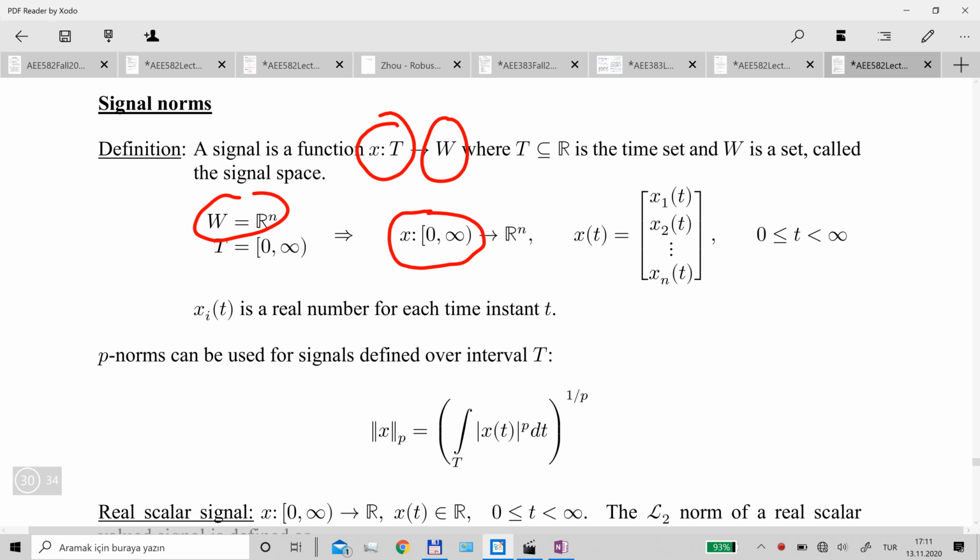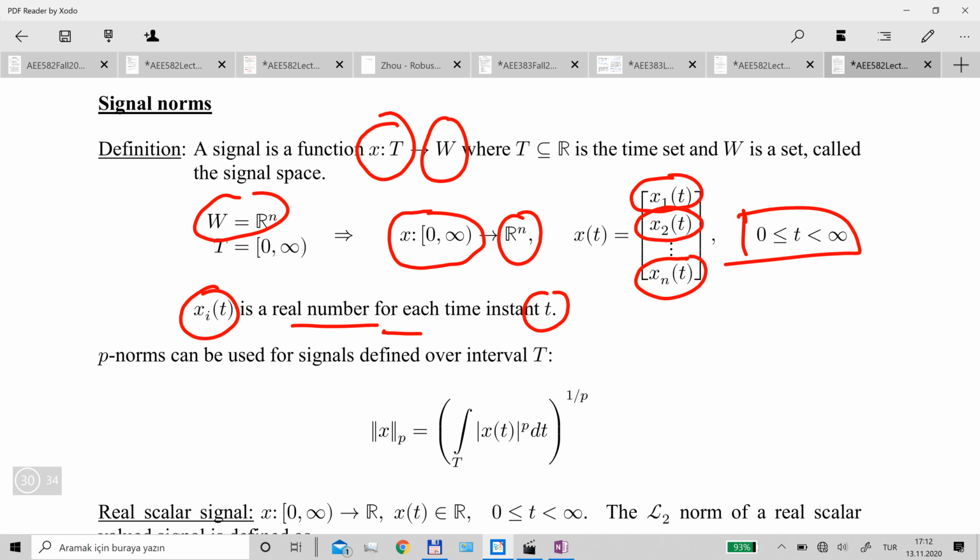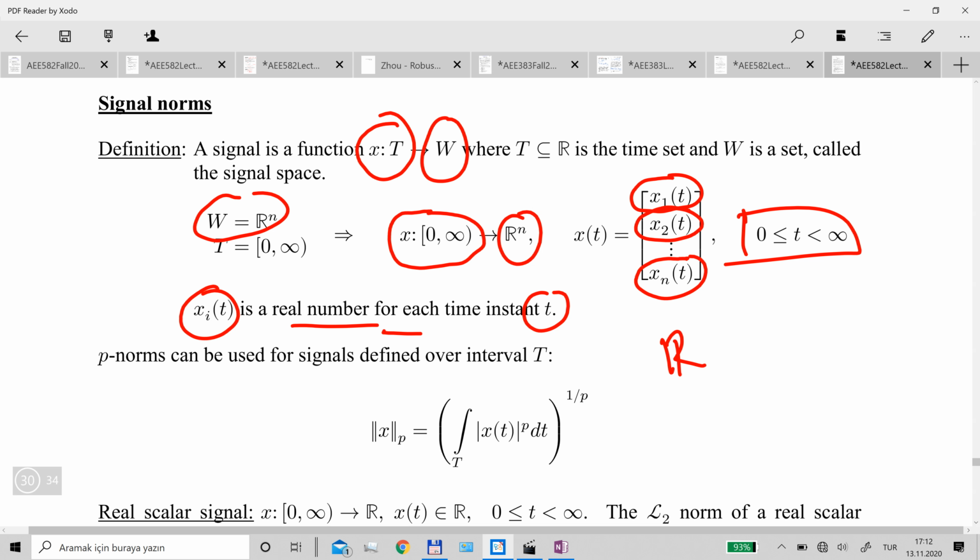We call this an n-dimensional signal, where it is indeed a vector, and every element of the vector is a scalar function of time, where every element is a real number for each time instant. If this set is the set of real numbers only, then we call this a scalar signal.